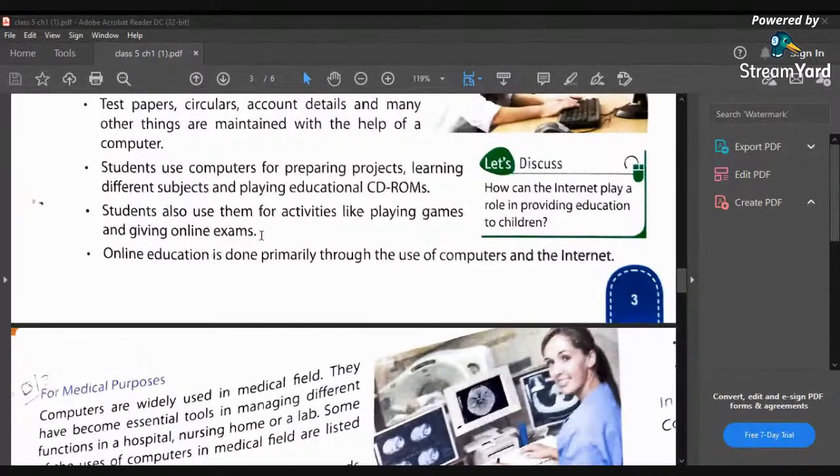Students also use them for activities like playing games and giving online exams.